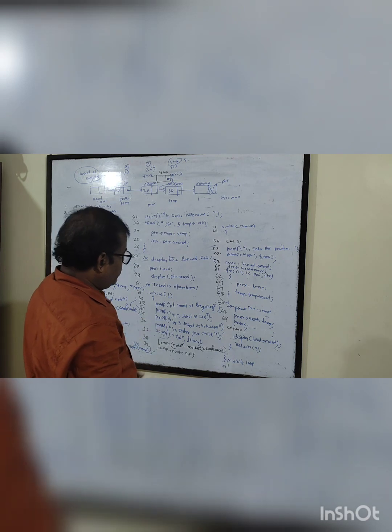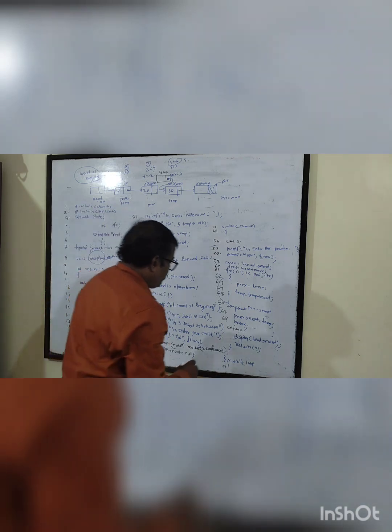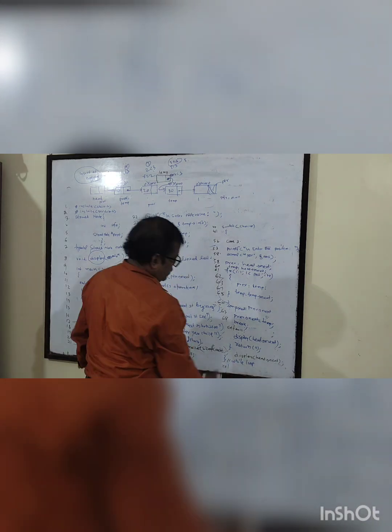When it breaks the loop, why not write the display of the head of the next? Better to write it here. This part you can write here, head of next. And this is not necessary. Right? Let it be there, no issue.